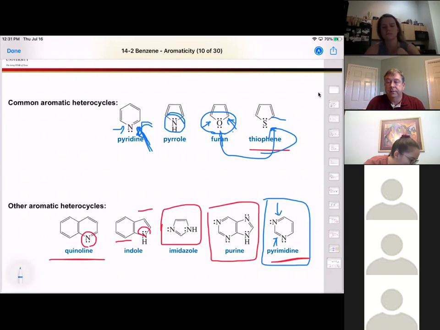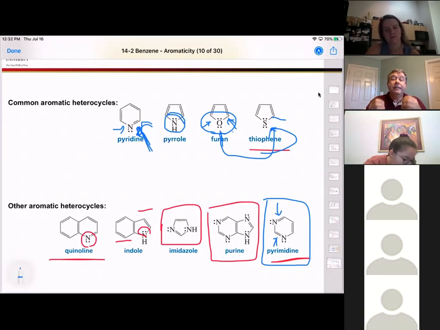Can you repeat what you just said about if the lone pair was in the p orbital and if it wasn't? Okay, so in the case of nitrogen, if you have a double bond to nitrogen, that double bond uses nitrogen's p orbital, and that makes the lone pair sit in the hybridized sp2.